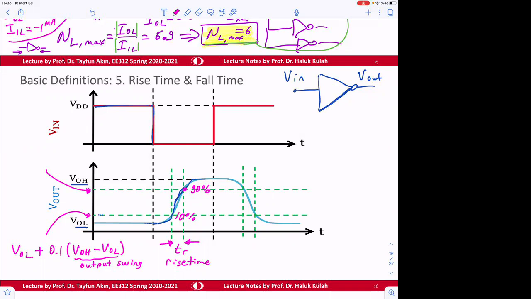This value you can calculate either from output low or from the output high. It's going to be the output high minus 10% of the output high minus the output low. That's 90%.